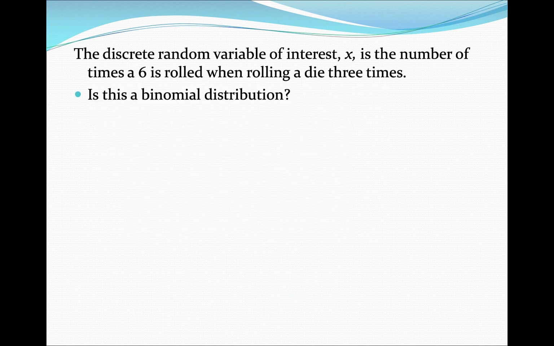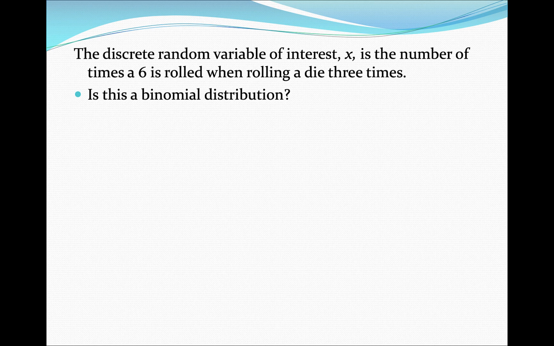There's one other thing we're going to do with this problem, which is talk a little bit about the binomial distribution. Of course, I set this up, and this actually is a binomial distribution, which is what we're going to check first. Is this a binomial distribution? There are lots of discrete distributions, and what statisticians have done over time is come up with distributions that have common characteristics.